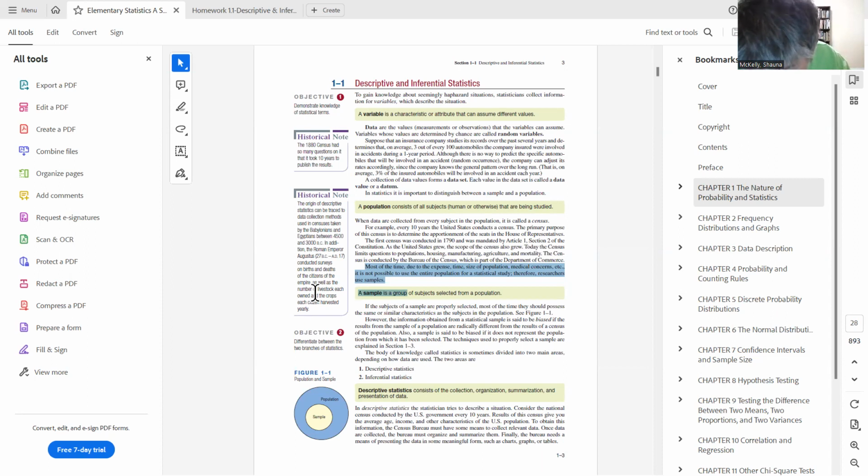Also, there was one other question about biased sampling. And this is actually something that when you get into research methods that I mentioned earlier, becomes really important. We're going to talk a little bit more about it, not too much.